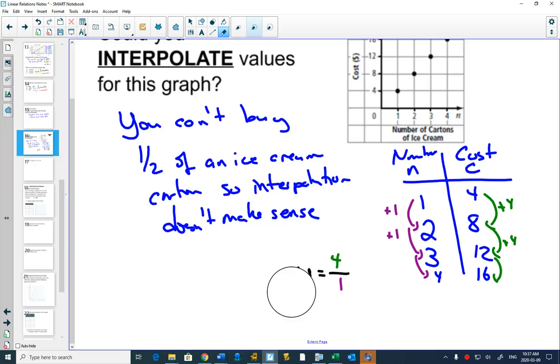Times by, oh, this is not y. This time the second letter is C for cost, and then n for number. Let's check it out. If you plug in 2, what's 4 times 2? 8. What do you have to add to make it work? 0. You don't have to add anything. So our formula, does this make sense? It's $4 times however many you buy? Yeah. Perfect. So we can practice getting those formulas as well.